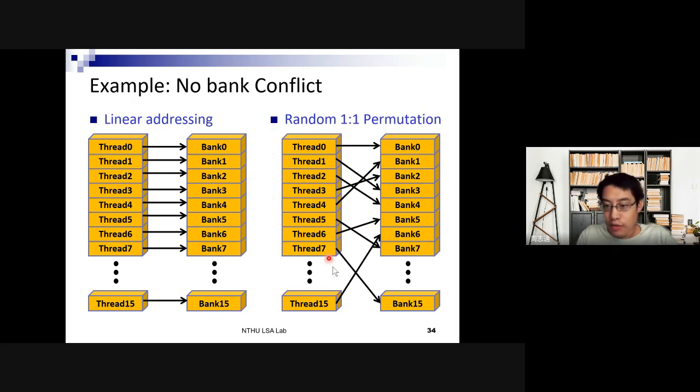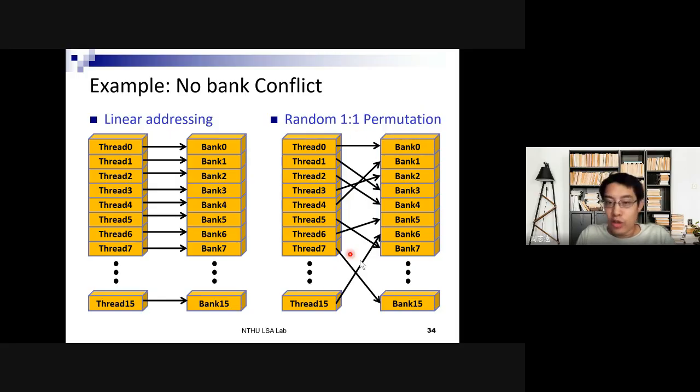Okay, for example, over here, you can see that for every thread, the memory access pattern is very complex, or they just mix up across those threads. But from the memory bank point of view, each bank is still only accessed by one thread. So that means there is a one-to-one permutation from the thread to the memory bank.